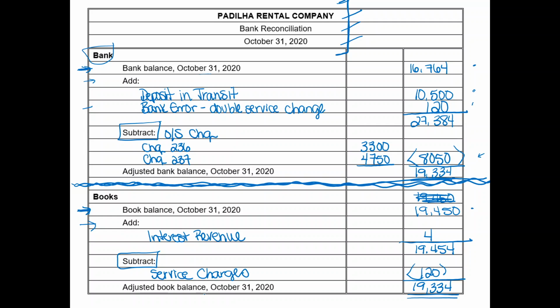And make sure you put these headings at the bottom here, that it's the adjusted book balance and the adjusted bank balance at October. And they agree to each other. So good. We've clearly put everything in here properly since they agree. Okay, so that is a look at a bank rec. Again, there's another one noted that you can practice on your own in a similar form to this one.